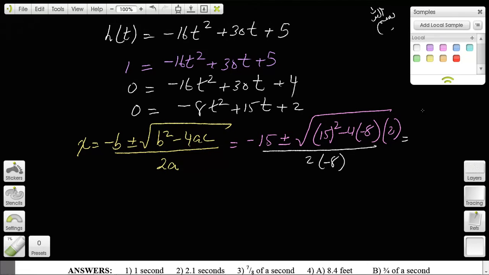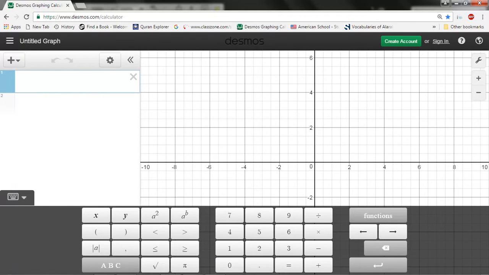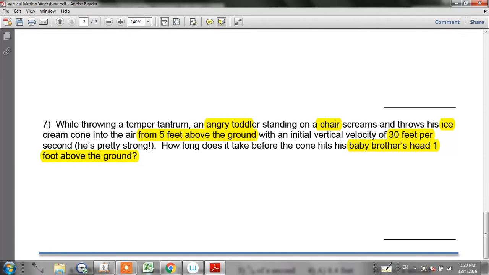So it's negative 15 plus or minus the square root of 15 squared, which is 225, minus 4 times a times c, which ends up being plus 64.